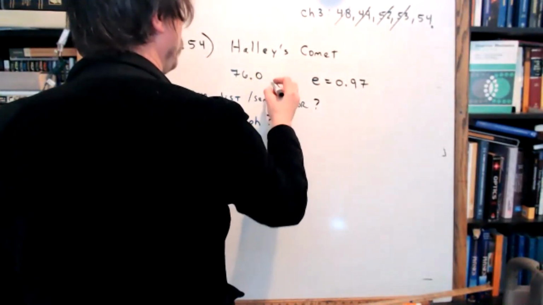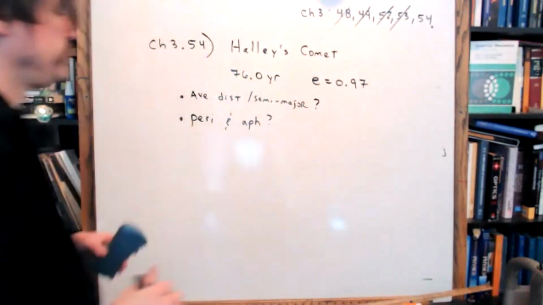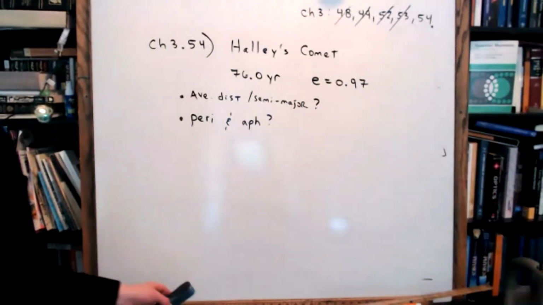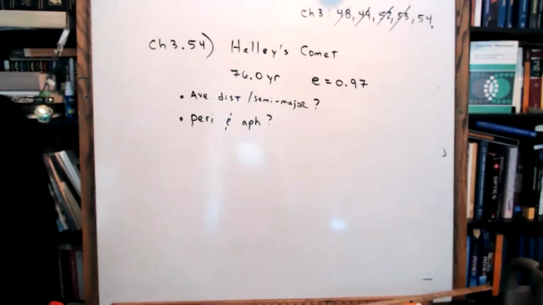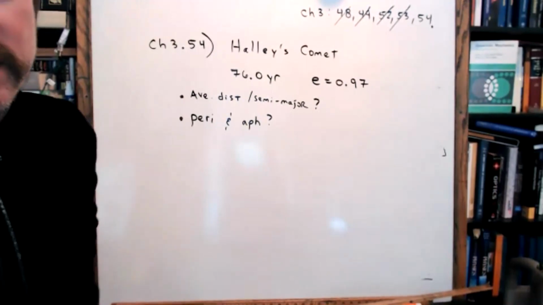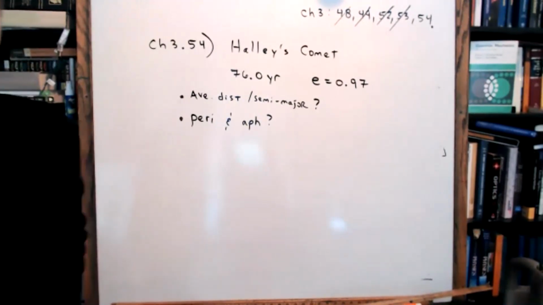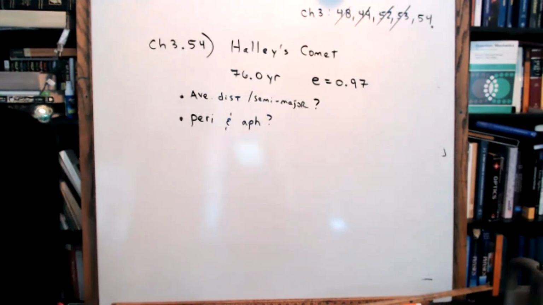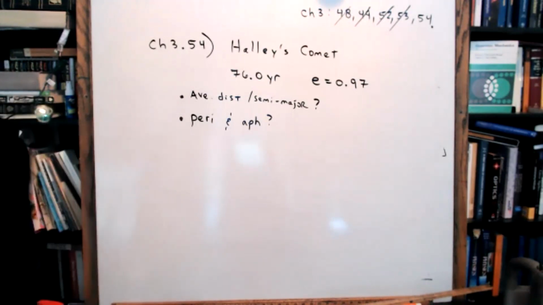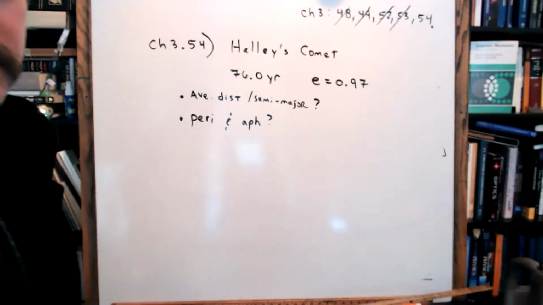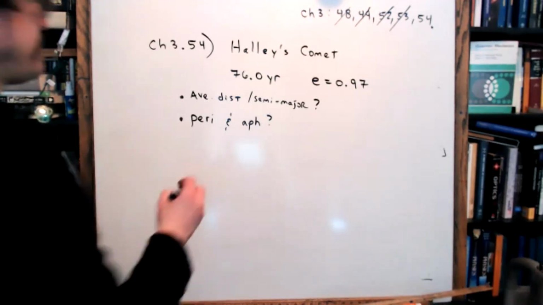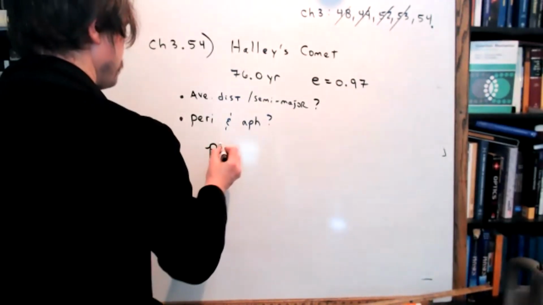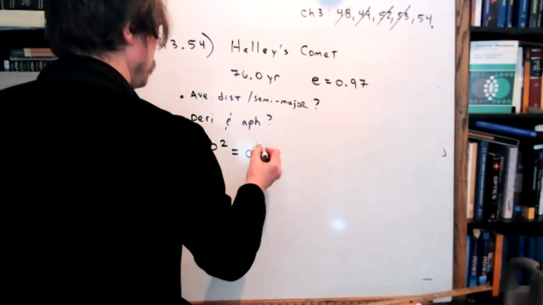Okay, Ryan, what do you think we should do? How could I possibly get the semi-major axis of Halley's comet orbit? Is that the harmonic law, which would be P squared equals A cubed?